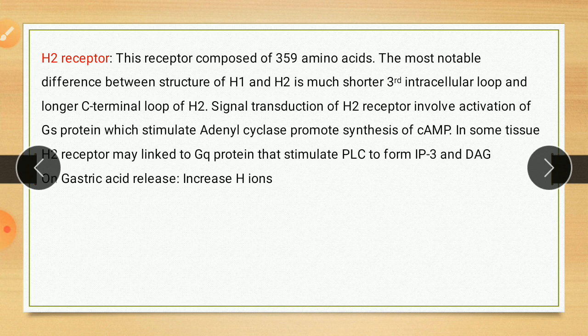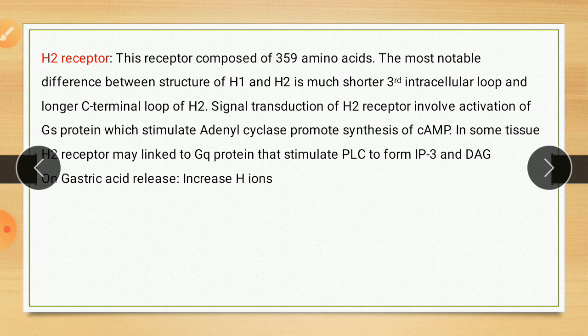In the case of the H1 receptor, there is a shorter intracellular C terminal and a larger intracellular loop. But here, in the H2 receptor, there is a shorter third intracellular loop and a larger C-terminal loop.